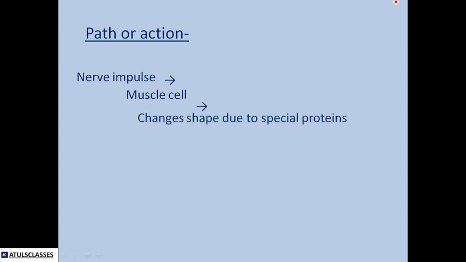A nerve impulse reaches the muscle cell. The muscle cell gets excited and changes shape due to special proteins. These are contractile proteins that change the shape of the muscle cell. Then there is a change in shape and arrangement of the cell.